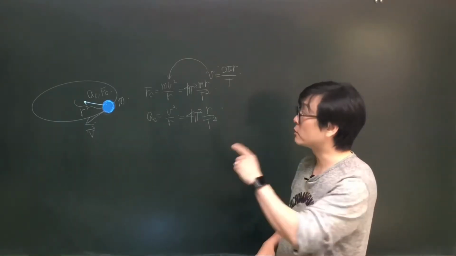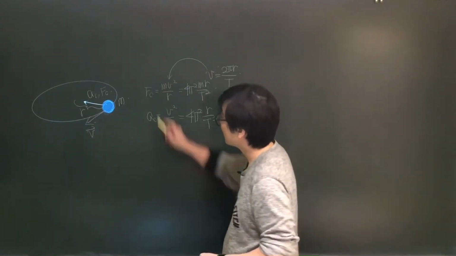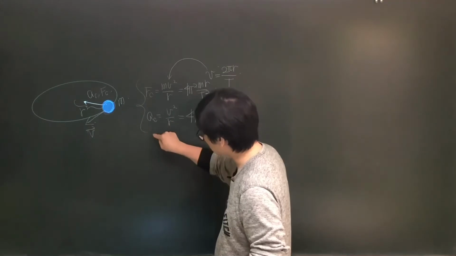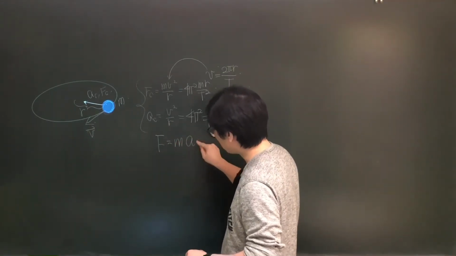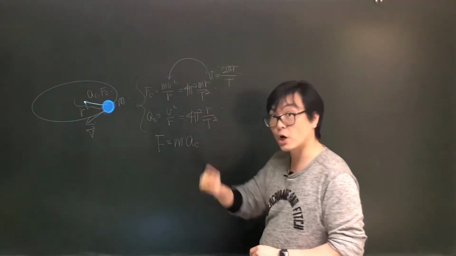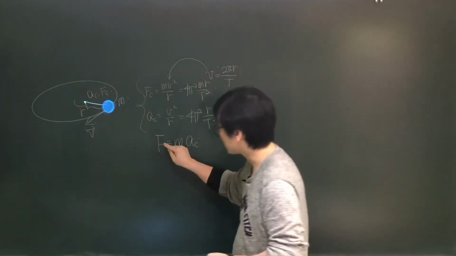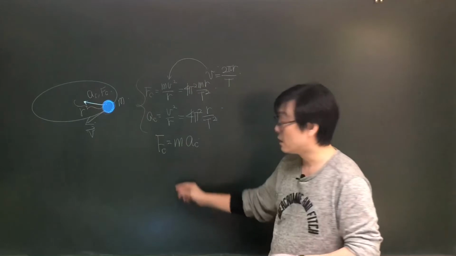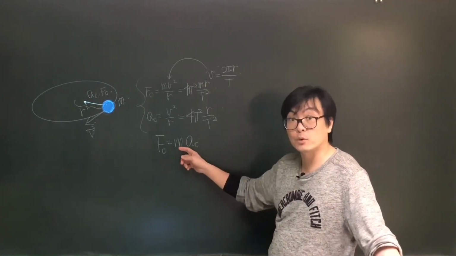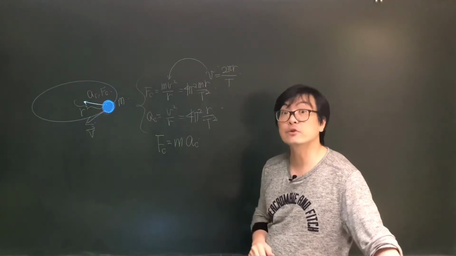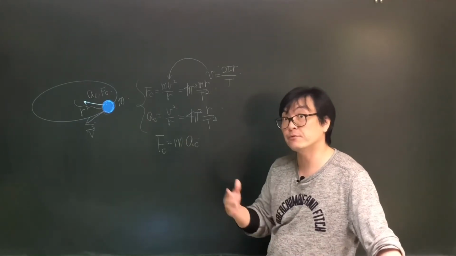The most important thing here is that on this side, I use F equals ma. If you multiply the mass by the centripetal acceleration, that becomes the centripetal force. What it means is that centripetal force is not an individual force, like a gravitational force, friction force, or tension.